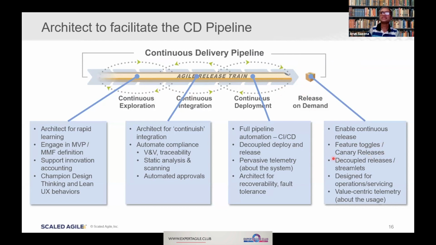Then canary releases, these are very popular in e-commerce sites, but similarly, canary releases are possible here also. Now we see the example of, say, Tesla or any other big organization, they do over-the-air updates for the software in the vehicle.